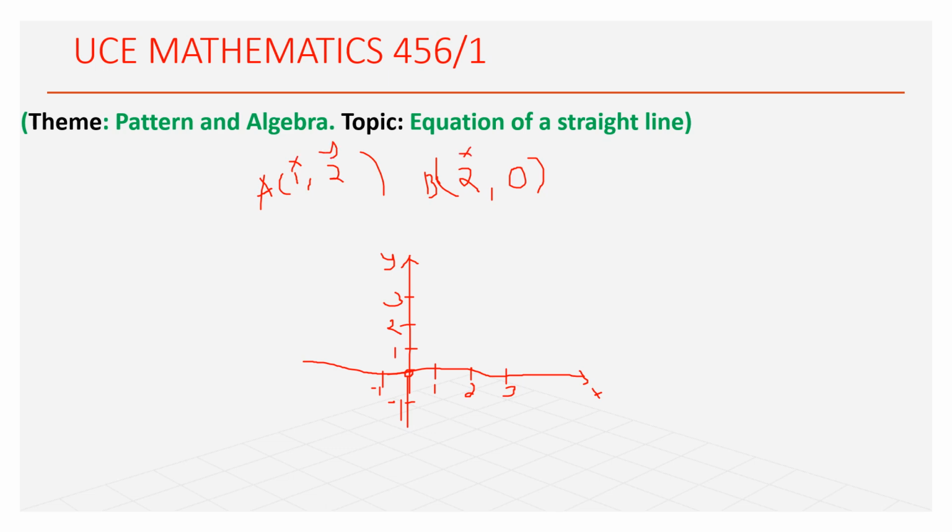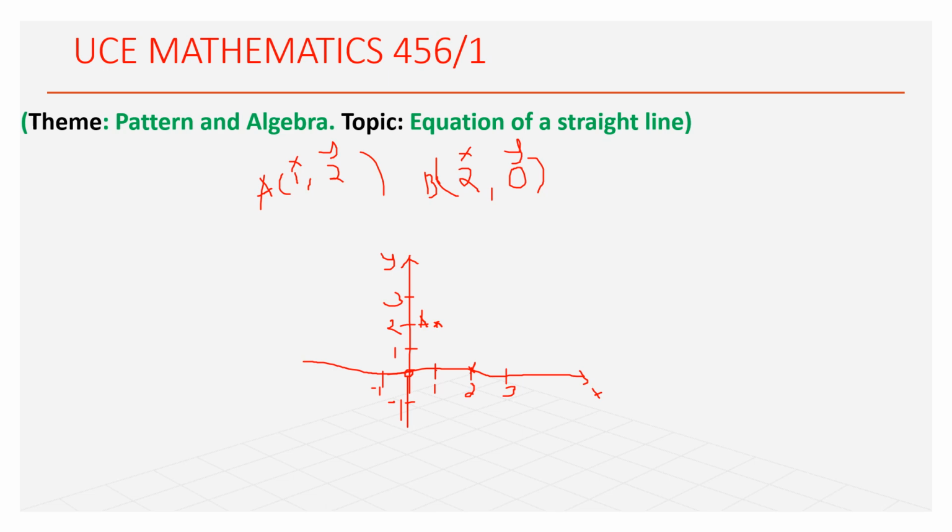So if I'm to plot these coordinates, for A, x is 1 when y is 2. So I will plot it somewhere here. That will be point A. Then for B it is (2, 0): x-axis is 2, then y-axis is 0.